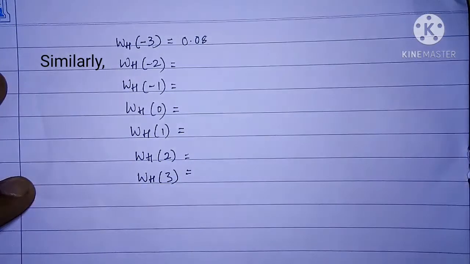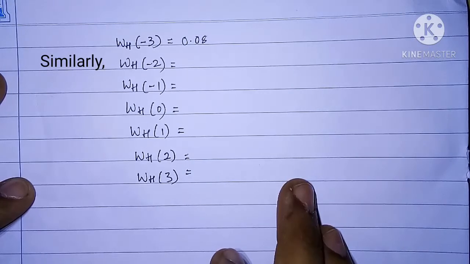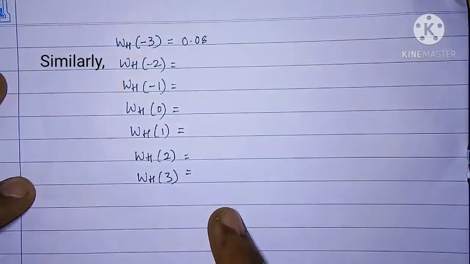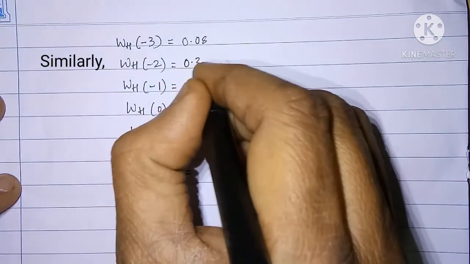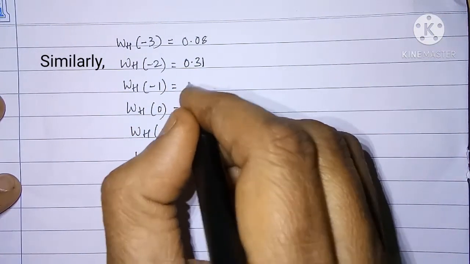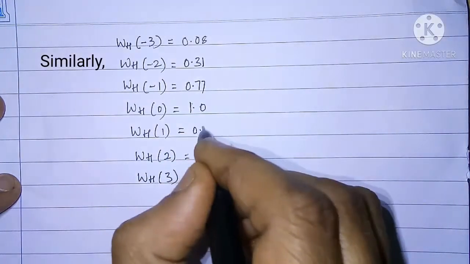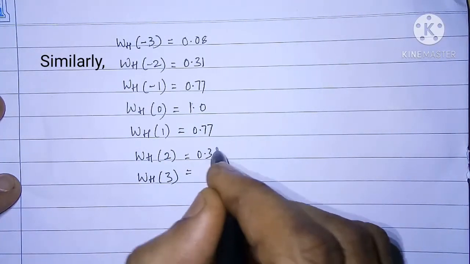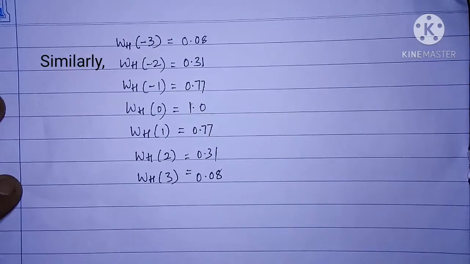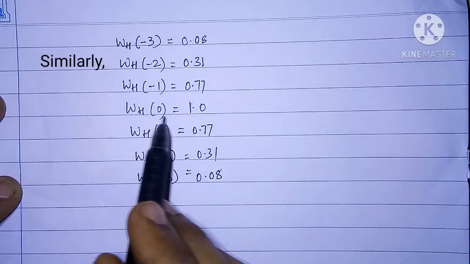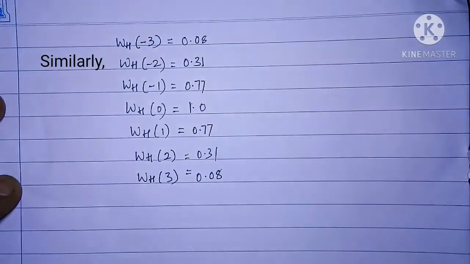One calculation I have shown here in detail. Next calculations you have to do on your own. I will just give you the values here: 0.31, 0.77, 1.0, 0.77, 0.31, 0.08. About WH of 0, you can see here the symmetry.